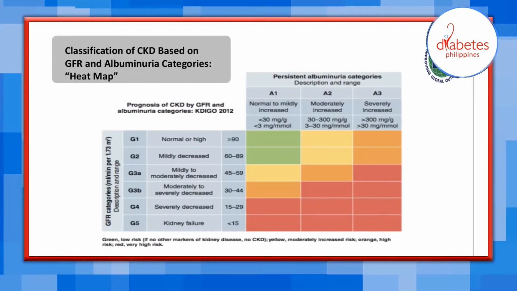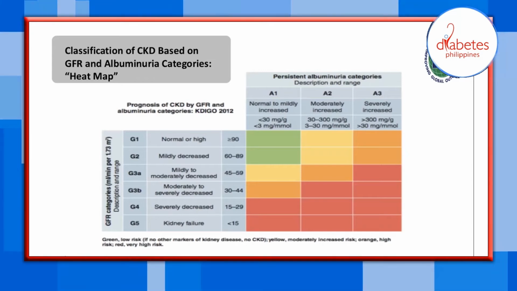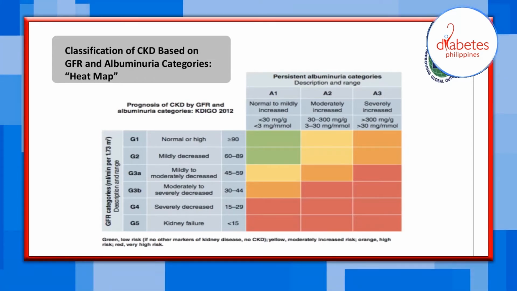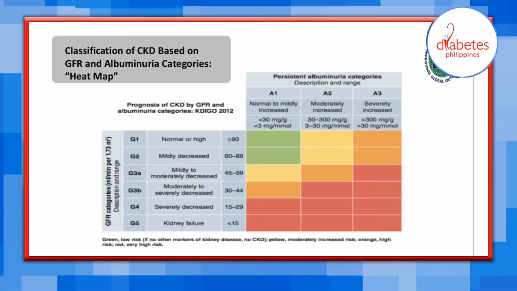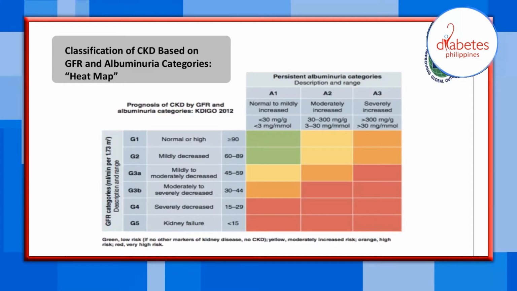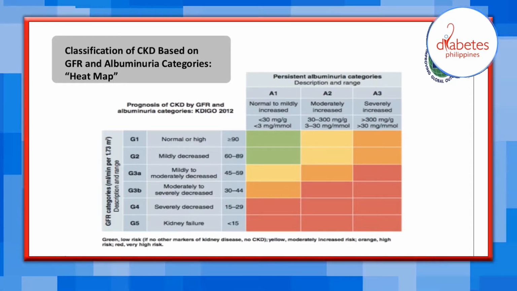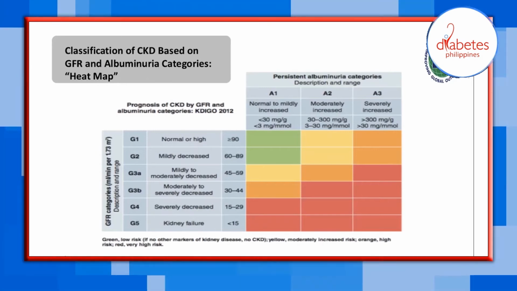To orient you, the colors represent the risk for progression, morbidity, and mortality, from best to worst. The green signifies low risk, the yellow signifies moderately increased risk, the orange signifies high risk, and the red signifies very high risk.